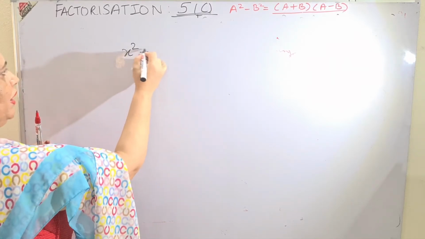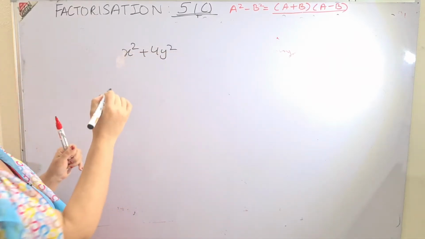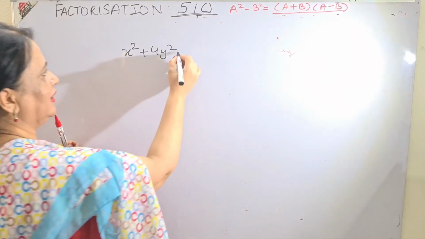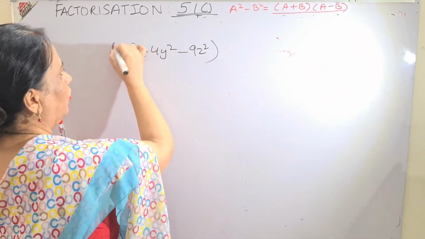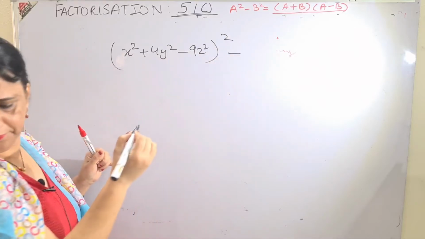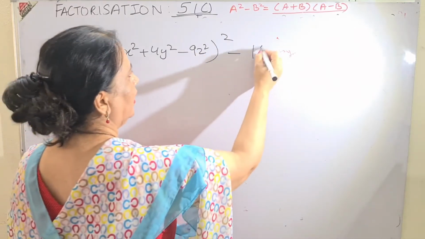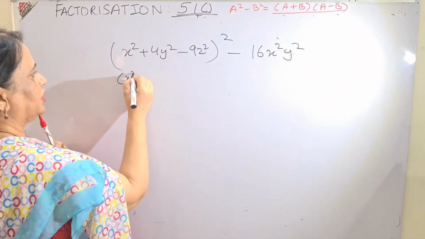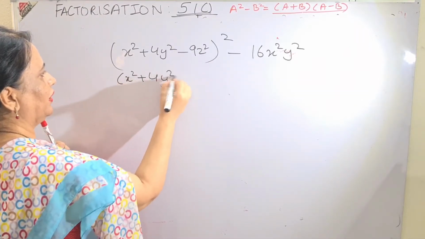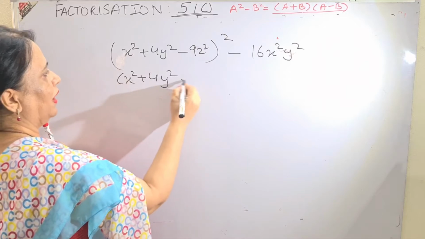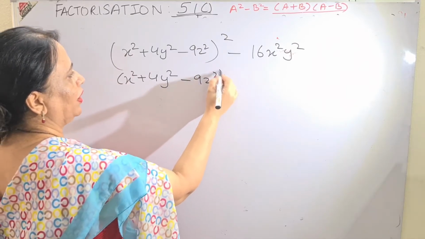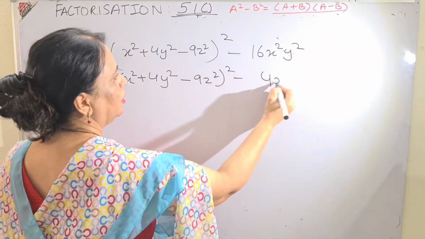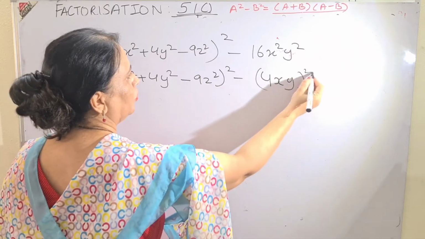x square plus 4y square minus 9z square whole square minus again 16 x square y square. See how I solve it. This will be x square plus 4y square plus minus 9z square whole square minus 4xy whole square.